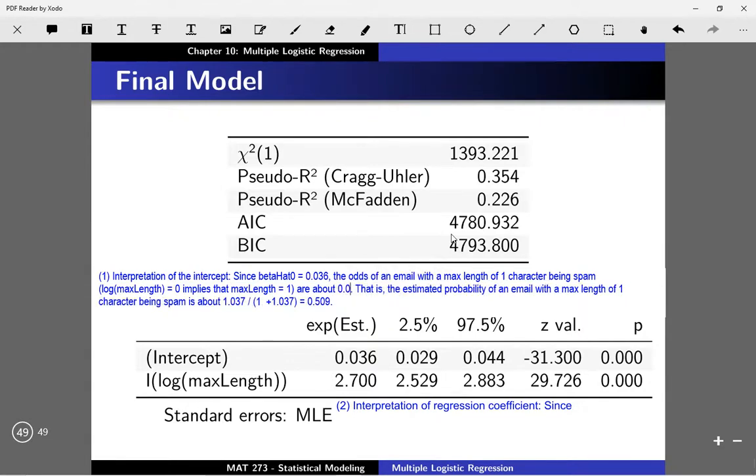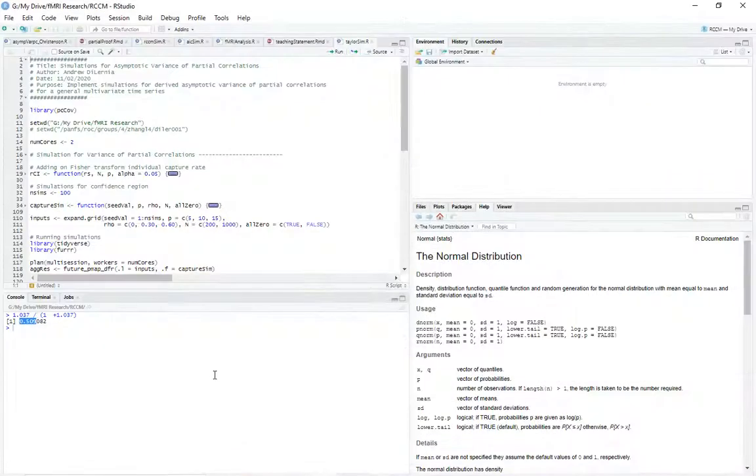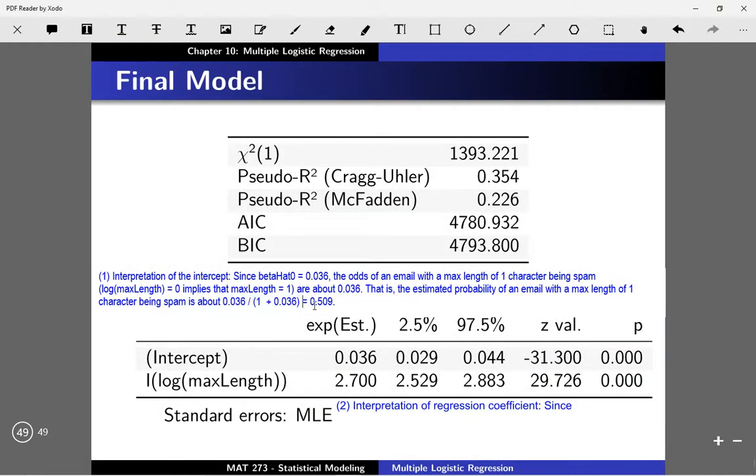Sorry, didn't need to exponentiate it. Hopefully you caught that sooner than I did. Okay, so redoing this calculation, I was like, man, that seems high. Very unlikely that an email is spam in this data set.